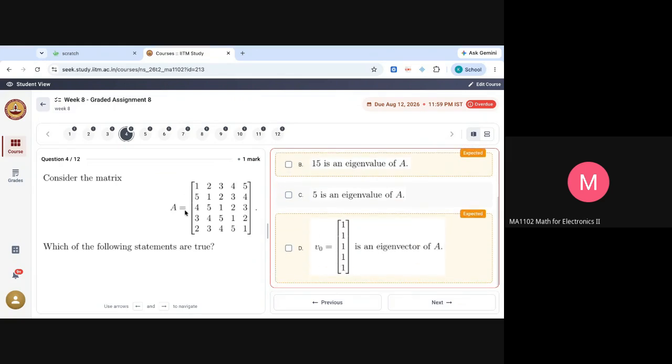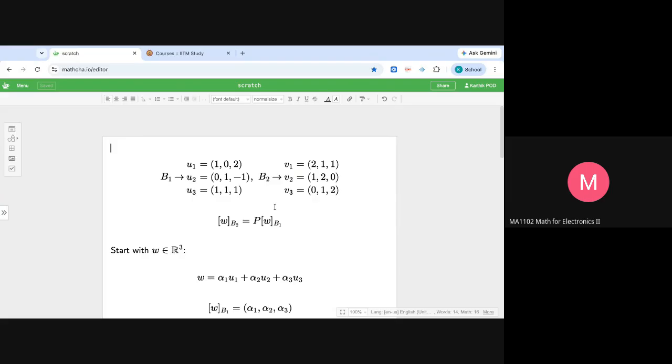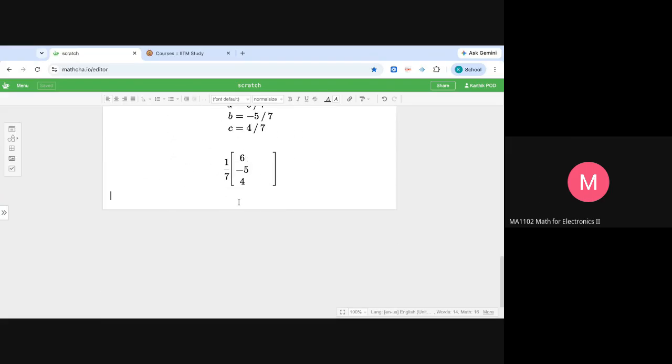If you multiply A into 1, that is nothing but matrix into column. If you multiply a matrix into a column, then this is nothing but a linear combination of the columns.